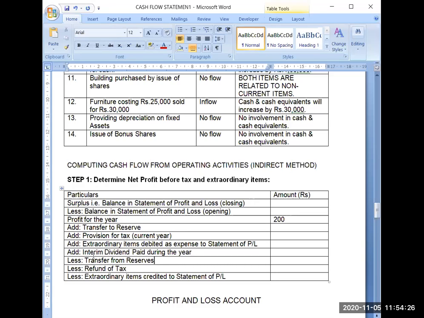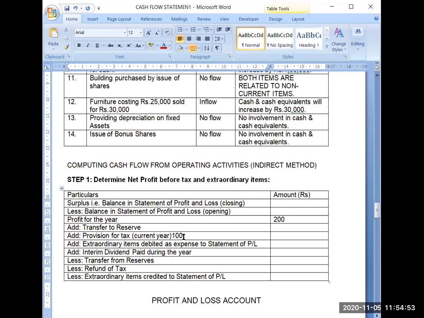Similarly, when I have created a provision for tax, I am adding it back. But suppose I have made a provision of rupees 100, but my actual tax liability becomes only rupees 90. Then the difference between my actual income tax and my provision for tax will be rupees 10.